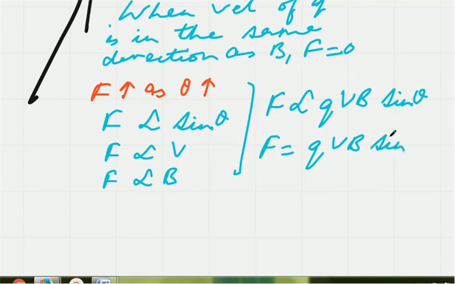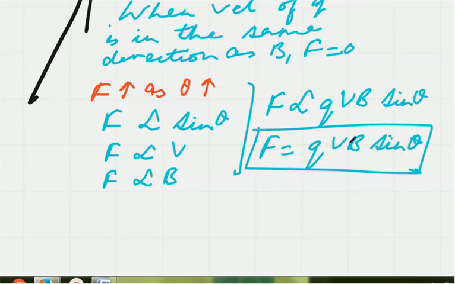Now I repeat, this is a proportionality sign. By choosing the units of B, V, and Q in such a way, we can make the proportionality constant equal to 1. So our formula becomes F equals qvB sine theta.